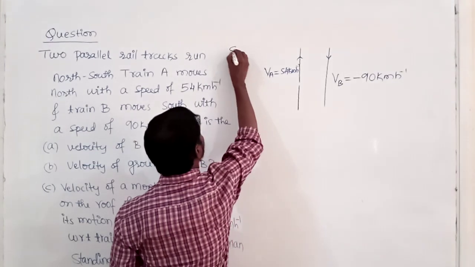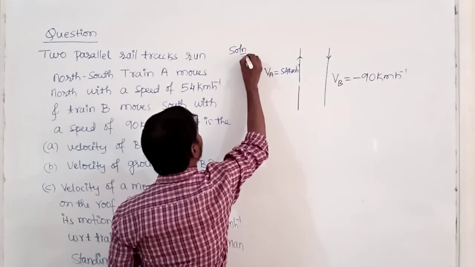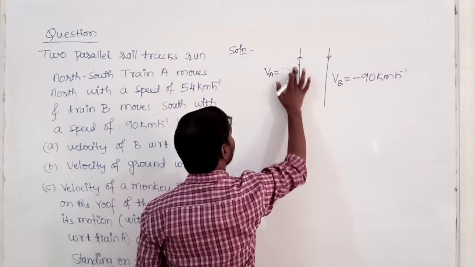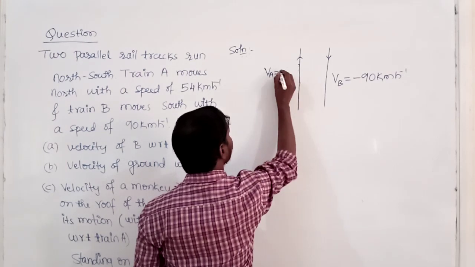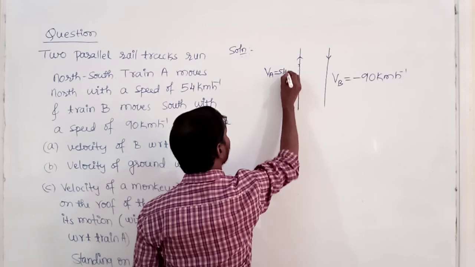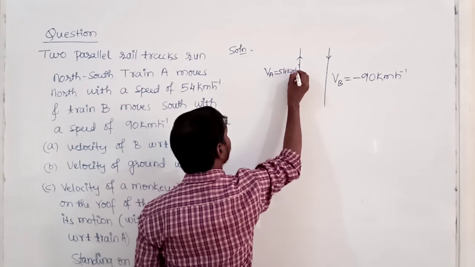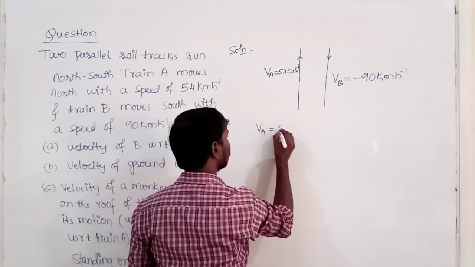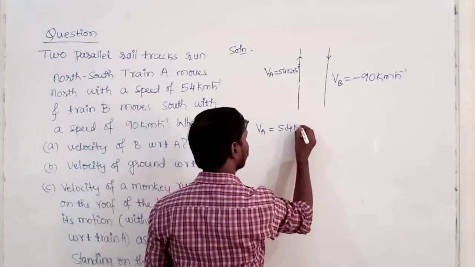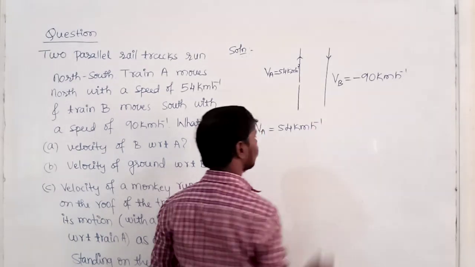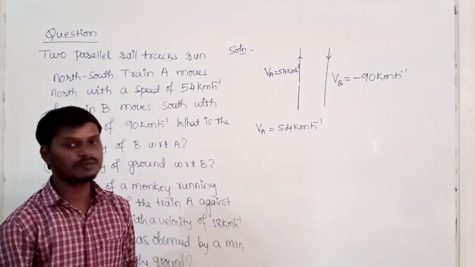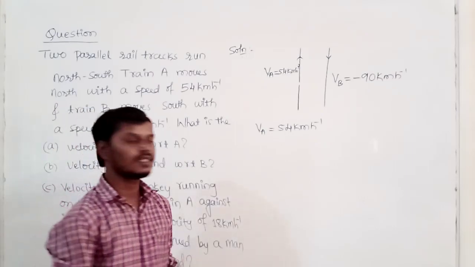Then solution. What is the velocity of the train in the north direction? That is 54 km per hour. Then I write VA is equal to 54 km per hour. We have to convert this 54 km per hour to meter per second.